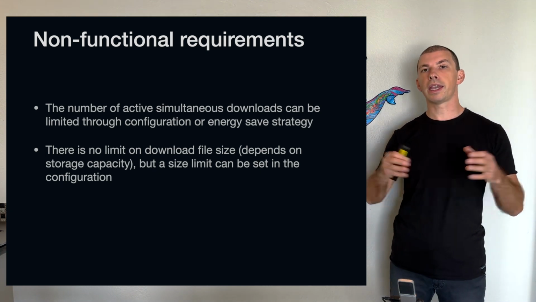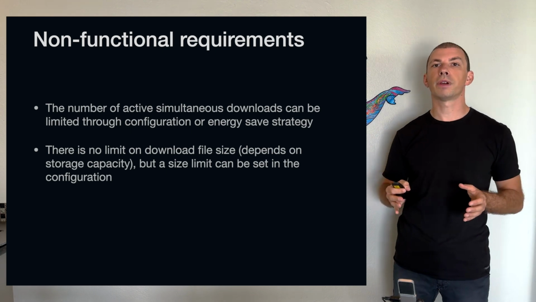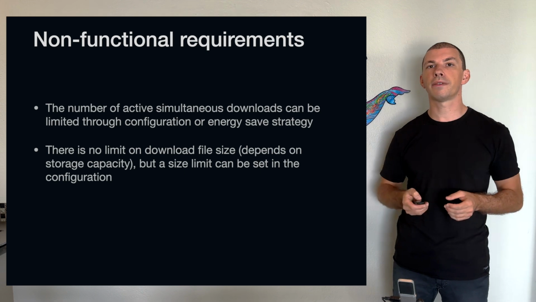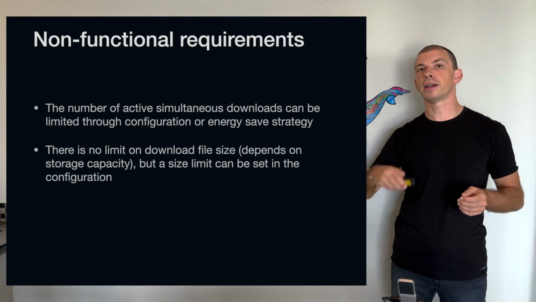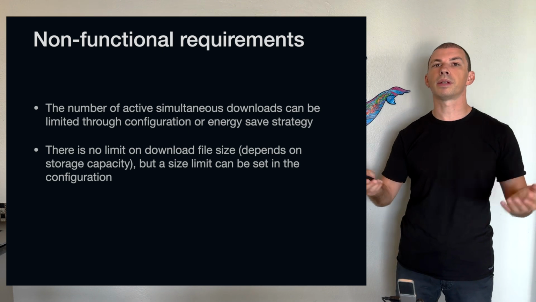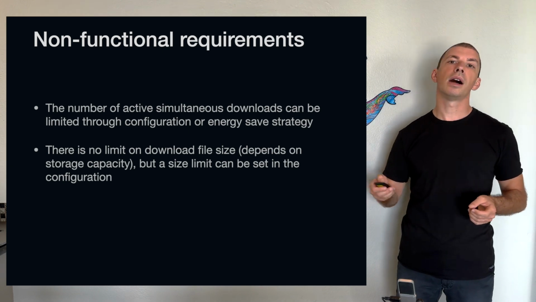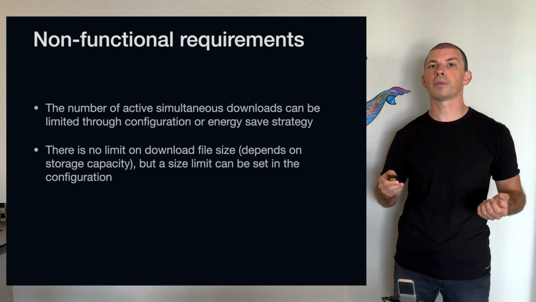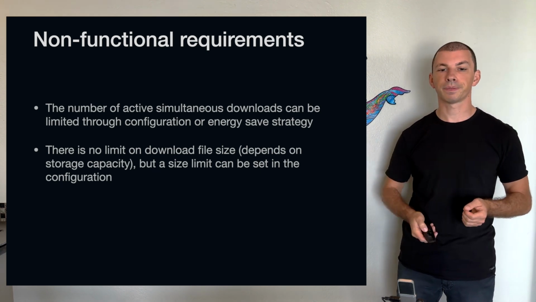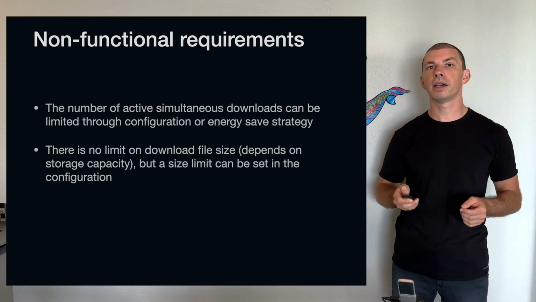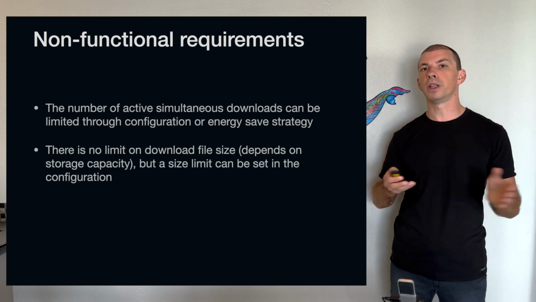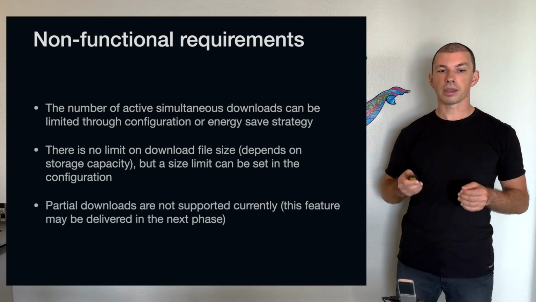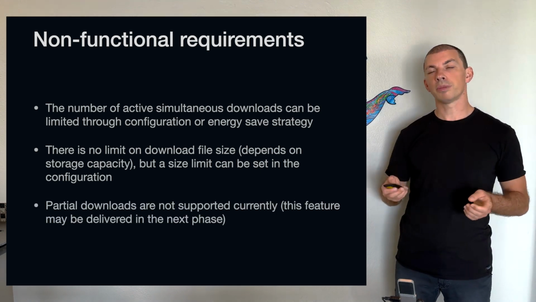We will allocate enough space in our persistent storage when we start to download a file, and then replace the empty or zero bits of this file with the binary data that we download from the network. But we can still have some configuration to limit the maximum size of each file for sure. And partial downloads are not supported currently.